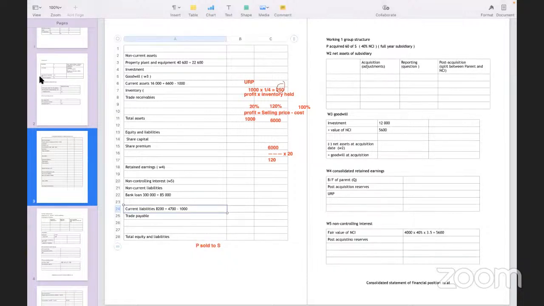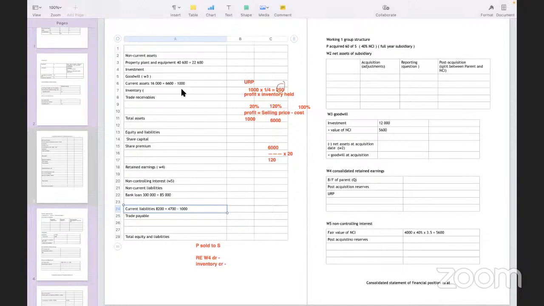If the parent had sold to the subsidiary, retained earnings, working number 4, becomes debit, and inventory becomes credit. Done.